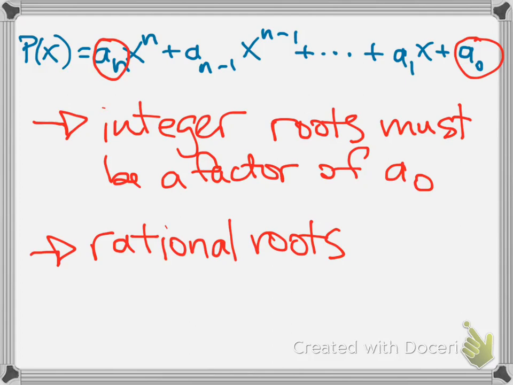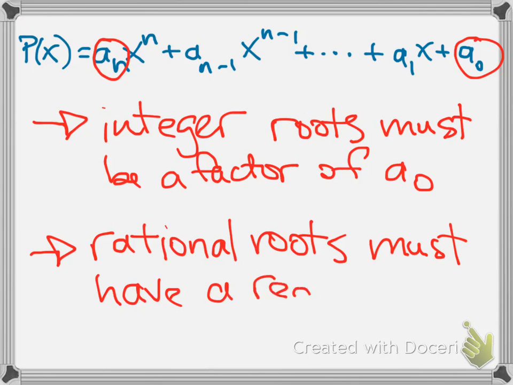So you could potentially have rational roots of your polynomial. And to find those, rational roots are going to have a reduced form, and we say reduced because of course they're rational, they could be fractions.